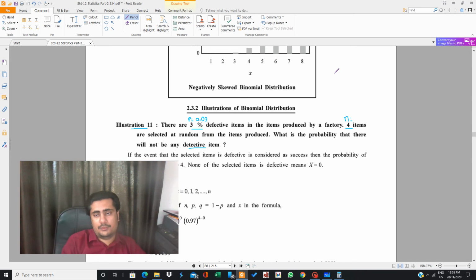If you want to convert percentage into probability, you have to divide it by 100. So 3 by 100 is 0.03.